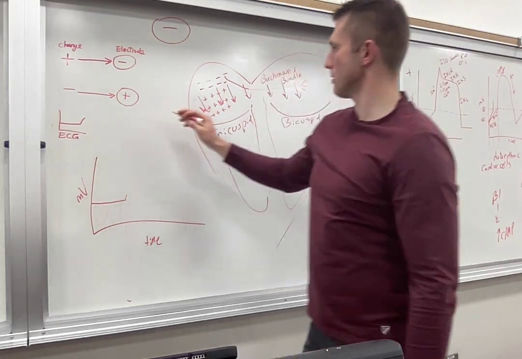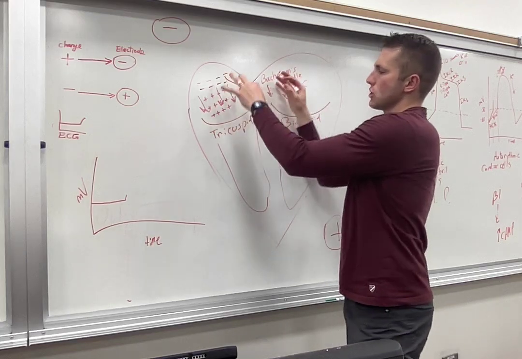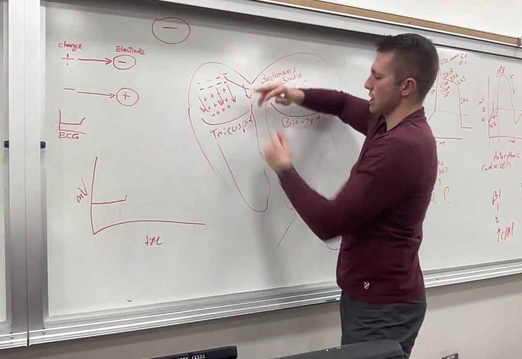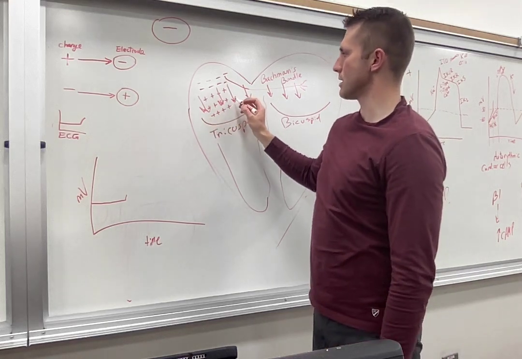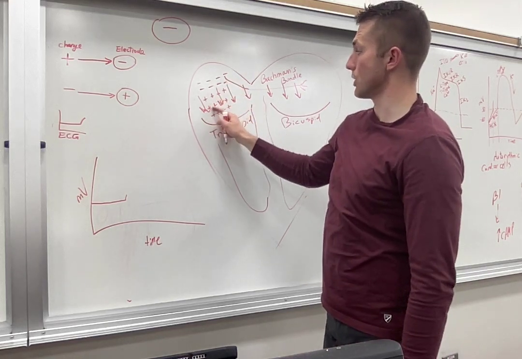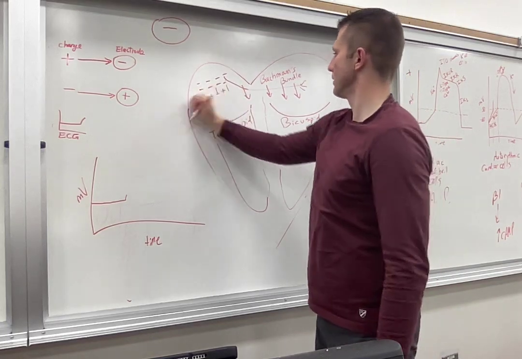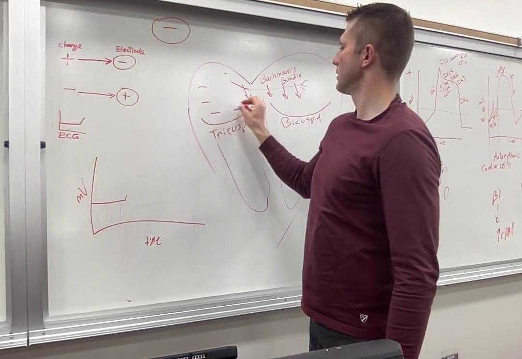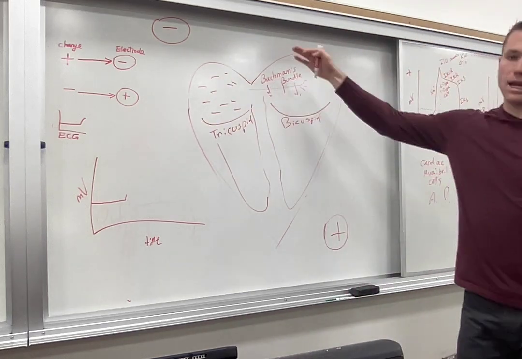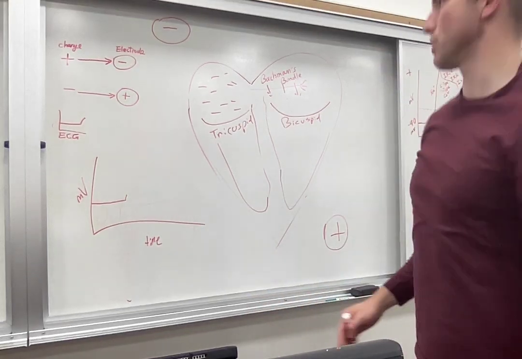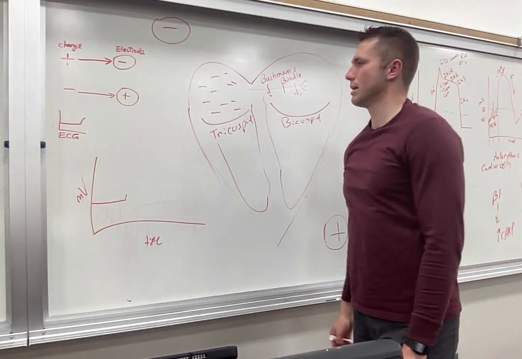And so we're just going to split this into two groups, the top, the atria, and the ventricles. And these vectors eventually are going to change everything to be negative. Okay, so everything is now negative in both of the atria.